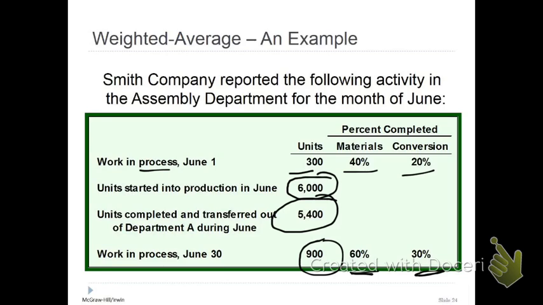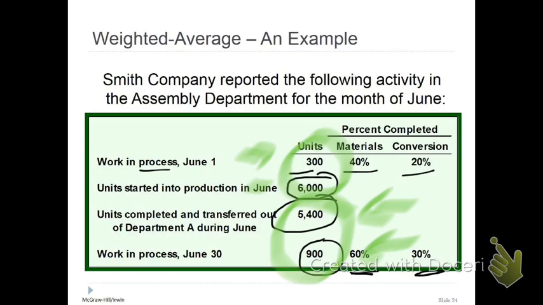Quick note, the 6,300 here, the amount you start with plus how much you add in production, has to equal the amount transferred out and the amount left. So those two numbers have to total each other. So we have 6,300 units that were either in process or started, and 6,300 units that were transferred out.